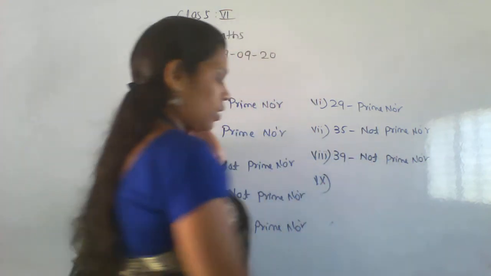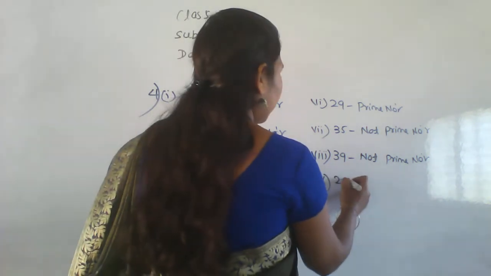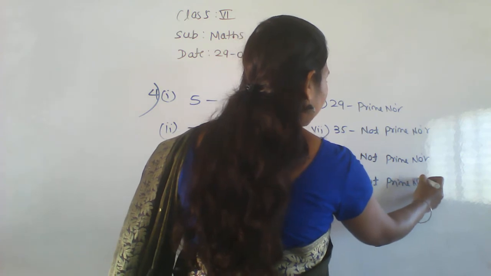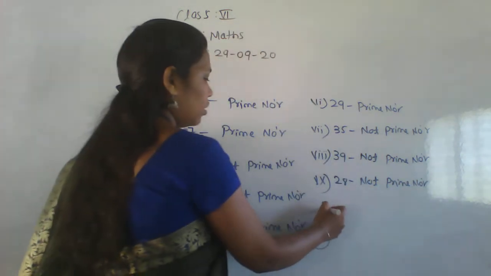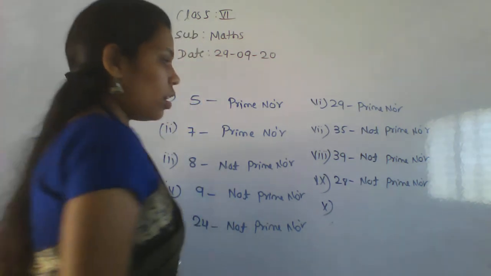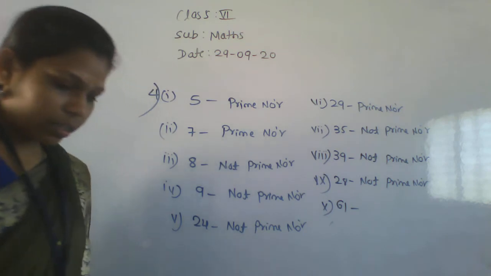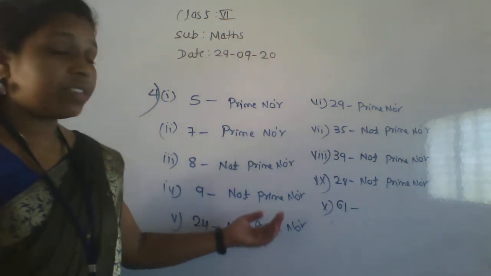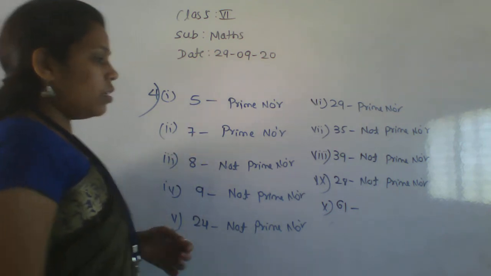Ninth one, 28. 28 is also not a prime number. Next, 10th one, 61. Whether it is a prime number? Yes, it's a prime number, because it's not divisible by any other number. Only 1 and 61. Okay.